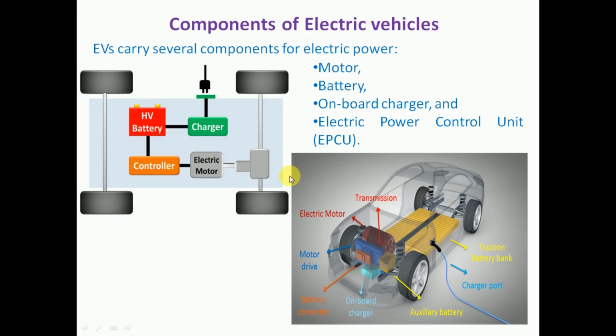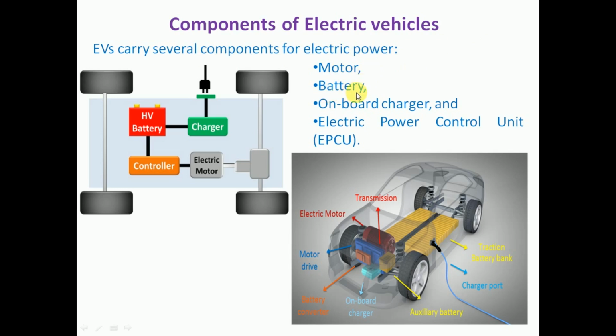Next, we are going to discuss the components of the electric vehicles. What are the different components in the electric vehicle? The important components, those I am going to discuss here. Electric vehicles carry several components for the electric power. The first one is the motor, which gives rotary power to the wheel.